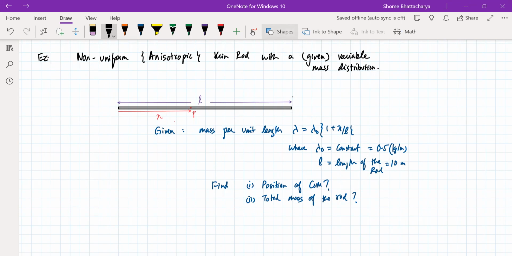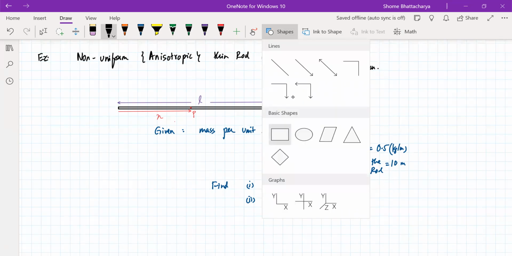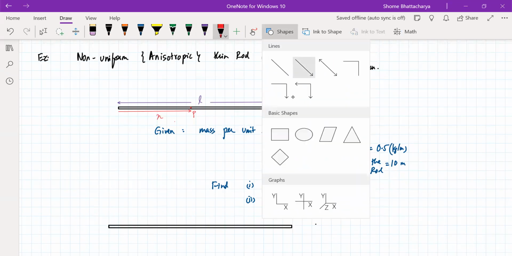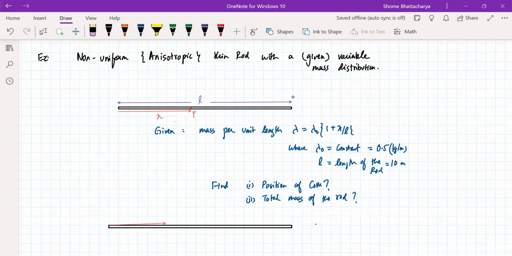Okay, so let's get to that method. So what we'll do is take the left side of the rod as our origin. At a distance x like this.